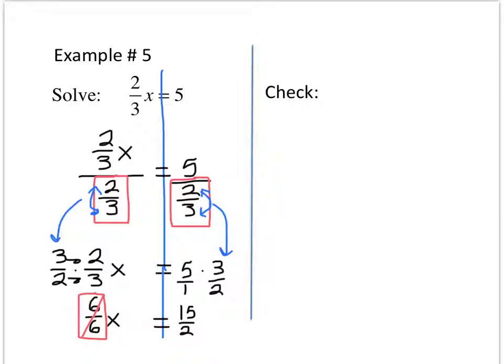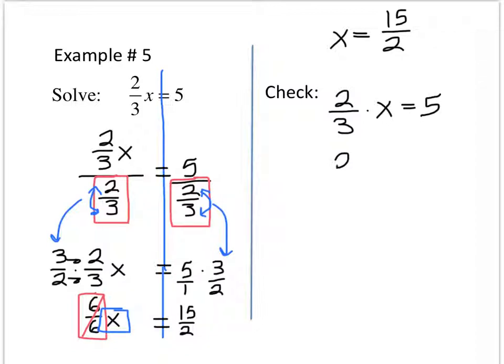And there's our solution. I'll bring that up here on the top on the right-hand side. X equals 15 over 2. Right, I've solved because I have nothing left on the left-hand side besides this little x term down here. So let's check this. If I plug in to 2/3 times x equals 5, I'm going to put in for x that 15 over 2 we just found.